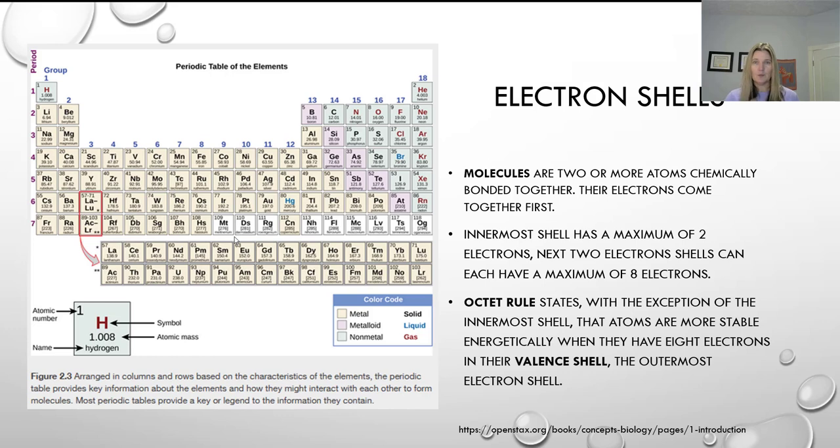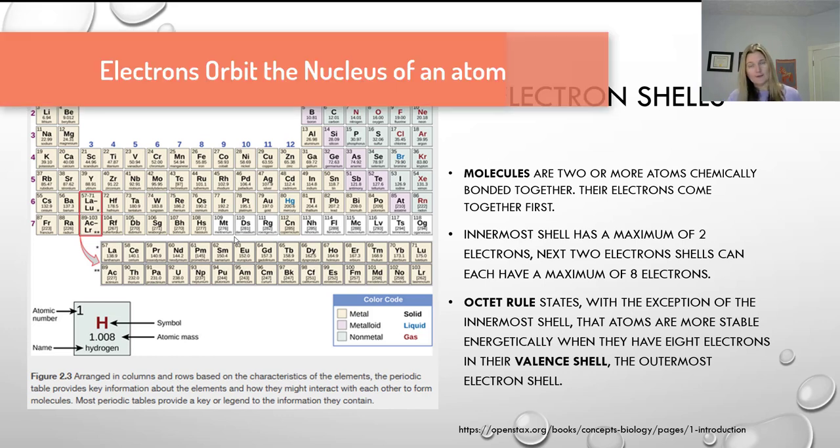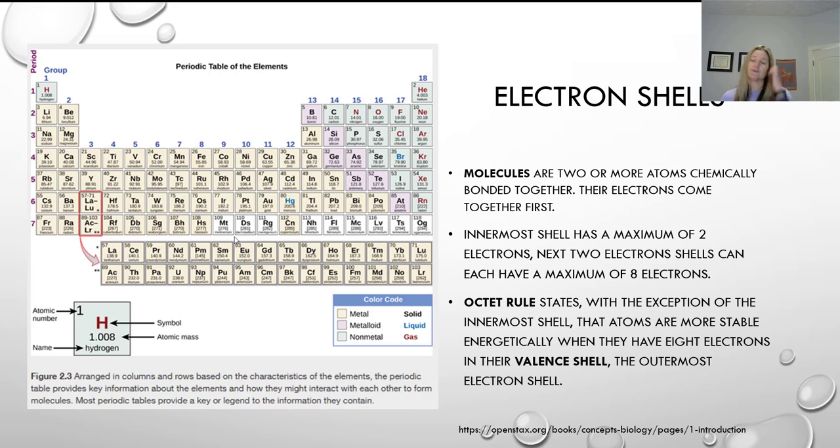Okay, so if we have one proton in the center, we have the opposing negatively charged electrons circulating. In these orbits, the electrons are not going to be static. They're going to be moving around all the time.